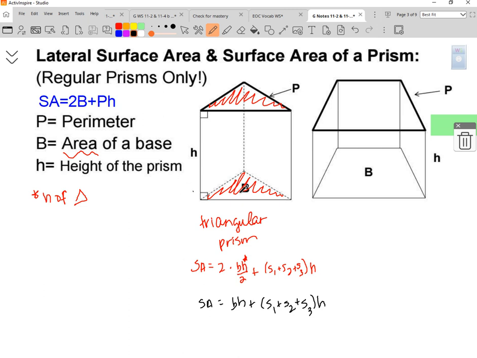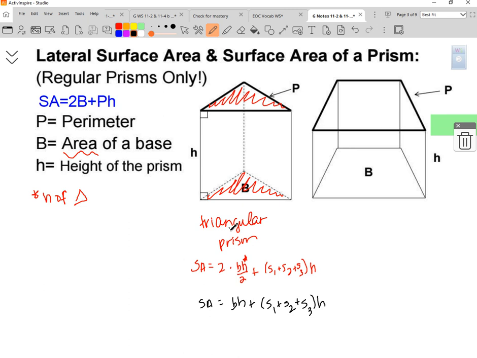If you were finding the surface area of this without one of the bases, though, you wouldn't be able to cancel that out, right? These only cancel out if we're finding the entire surface area, including both bases. That's what this stands for: the lateral area, which is the area of the non-base sides, plus the area of both bases.